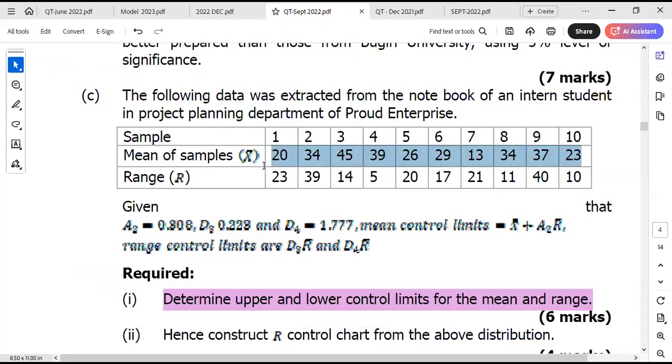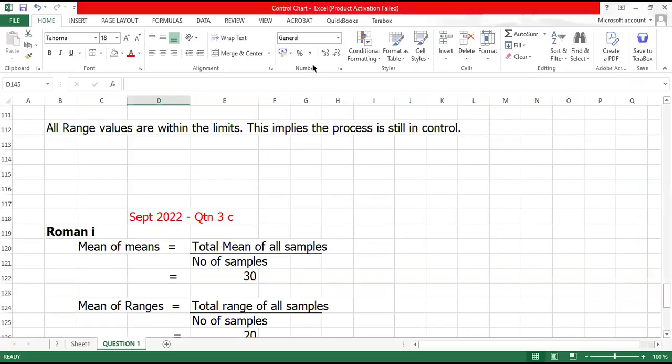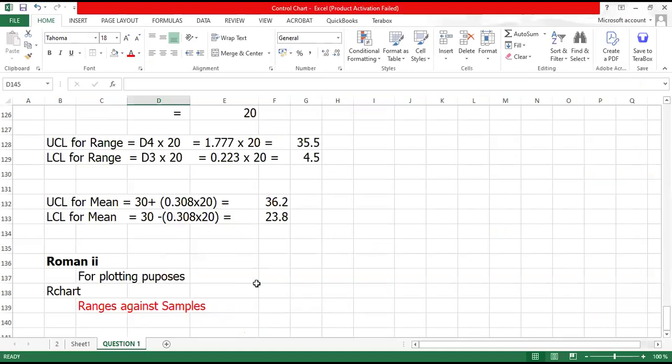These are values you want to plot. So you ask yourself, what is the highest value? Here the highest value is 40. The upper limit for range is 35.5, which is below 40.